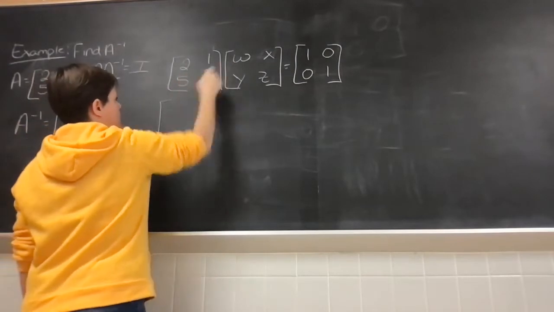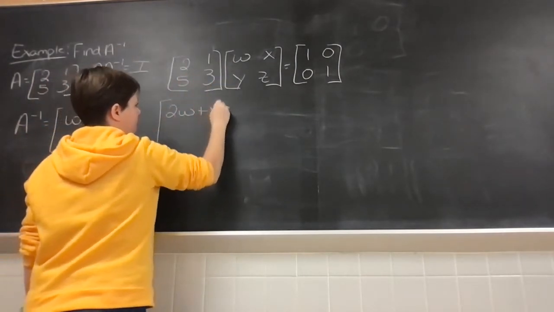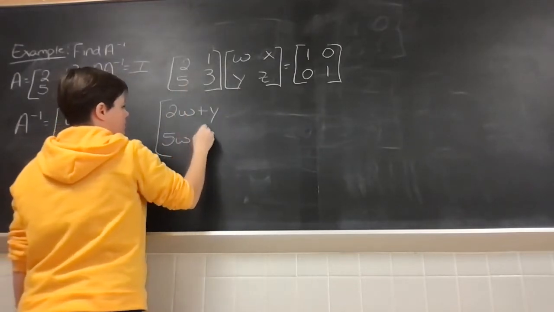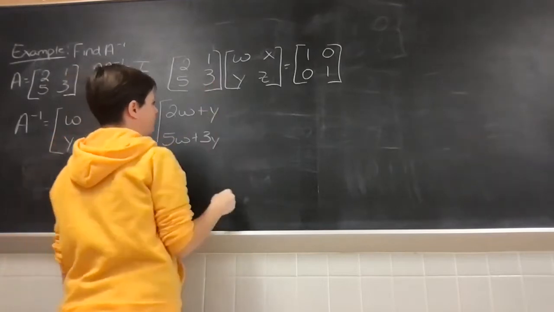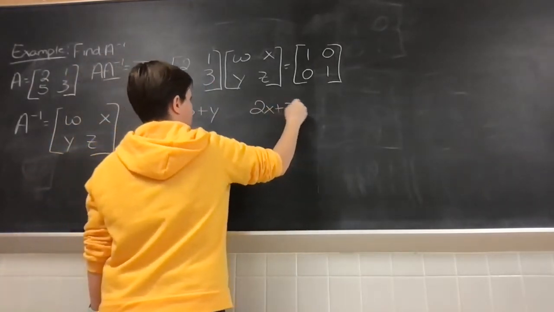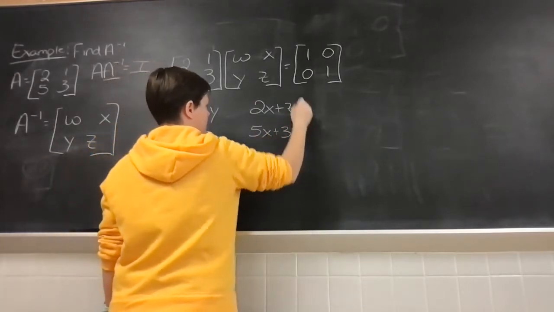So 2 times W plus 1Y. 5W plus 3Y. 2X plus Z, 5X plus 3Z.